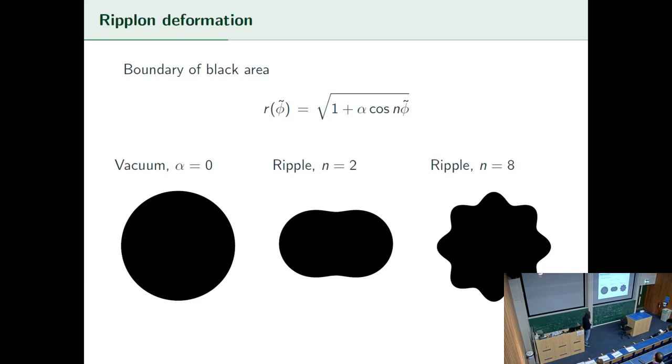This deformation was previously called the ripple deformation. It depends on two parameters, alpha and n. Alpha controls the size of the fluctuation, and n is the frequency. For higher n, this really looks like a ripple on top of the black disk. But in this work, I will concentrate on the middle case, n equals 2.